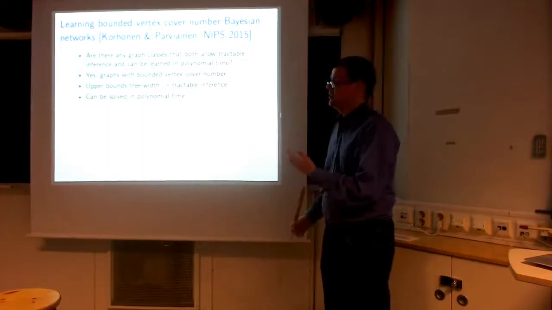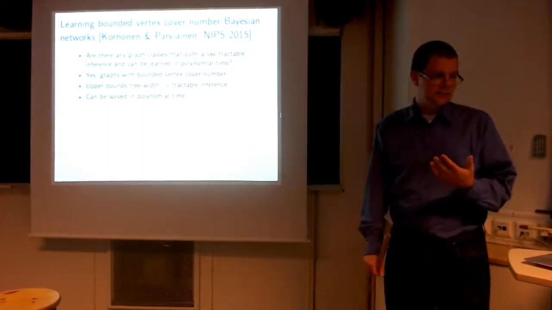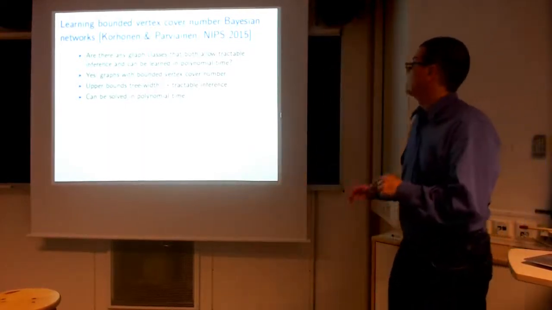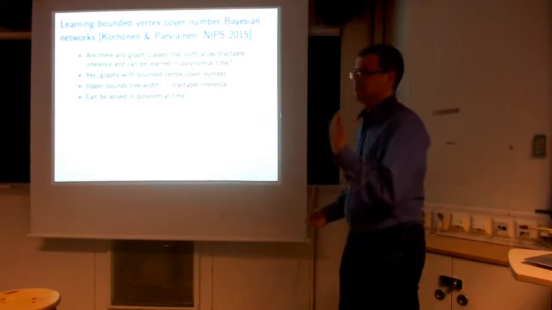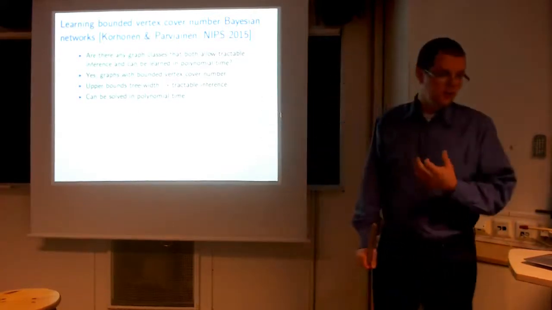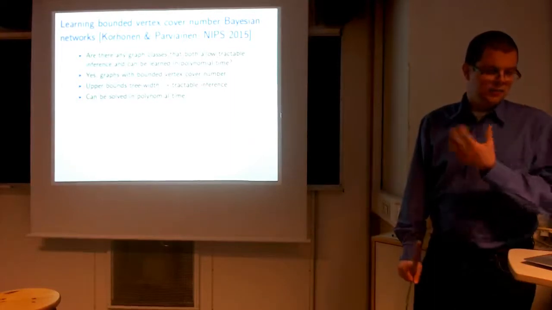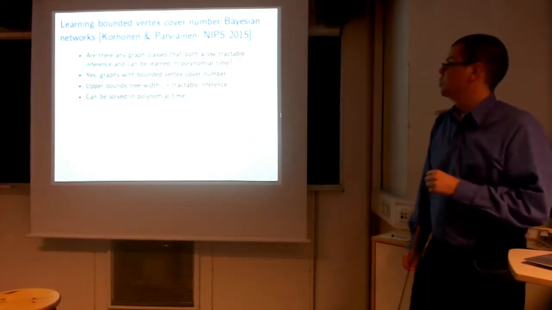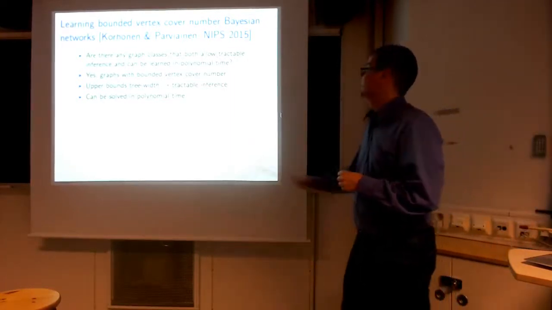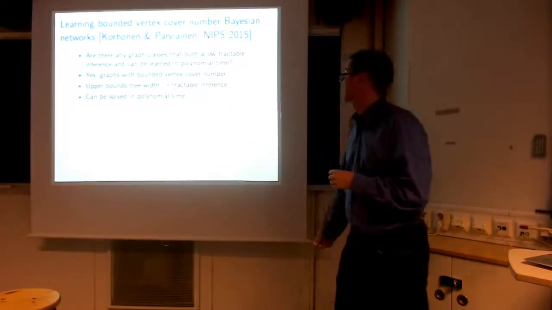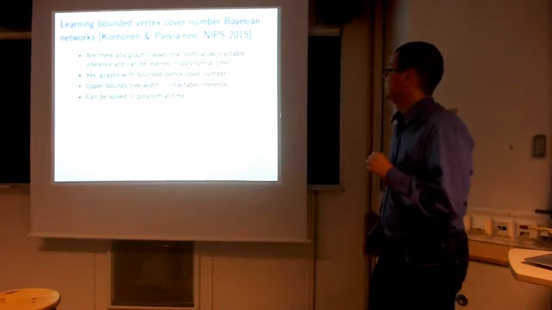So are there any graph classes where we have tractable inference, and we can also learn an optimal network within that graph class in polynomial time? It turns out that there is: bounded vertex cover number Bayesian networks are such.